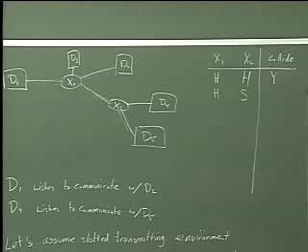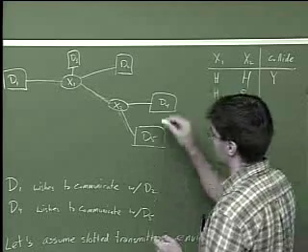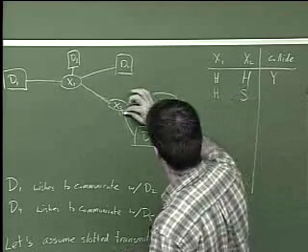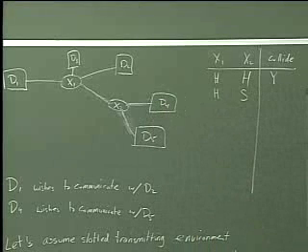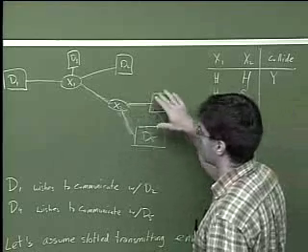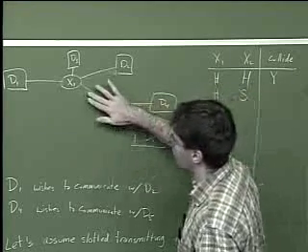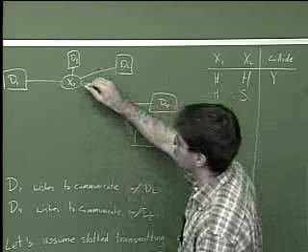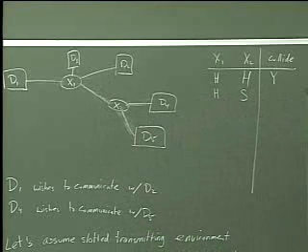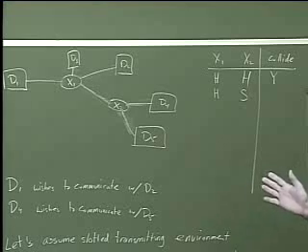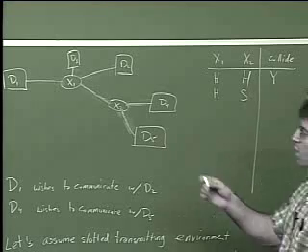Now D4 wants to communicate with D5, so its transmission will traverse just these two wires because X2 is a switch. It's smart enough to know that there's no reason to transmit the communication between D4 and D5 on this wire over here. D1 is going to want to communicate with D2, and X1 is still a hub.